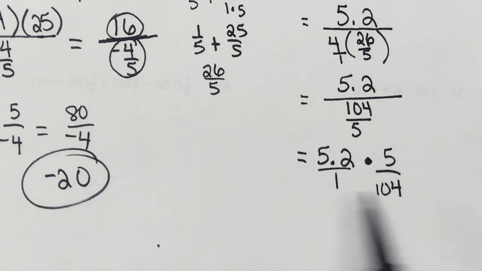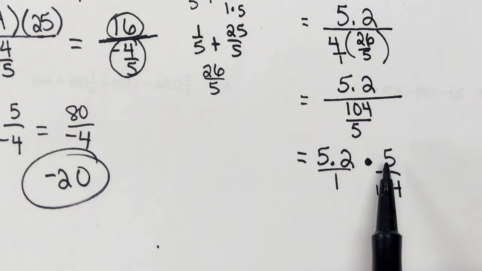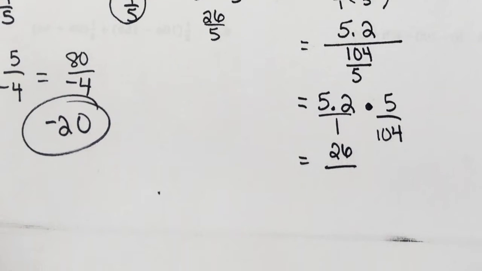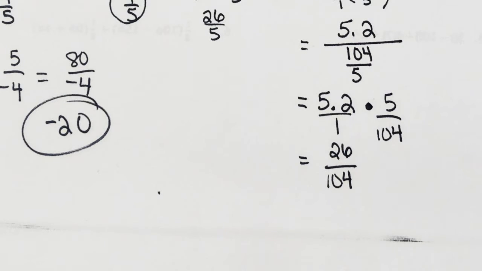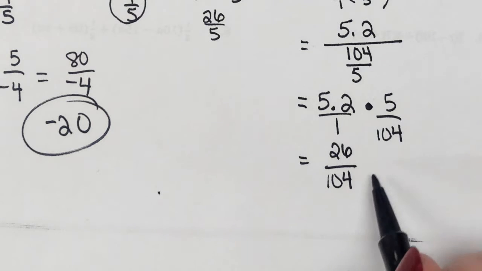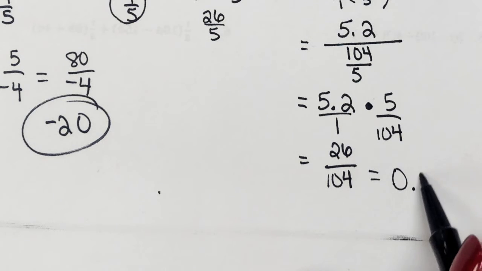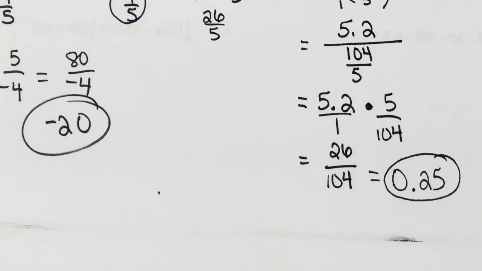Yeah, just like you always do, guys, right? Now use your calculator. 5.2 times 5, 26. Very nice. And your denominator? 104. Does that divide nice and pretty? Yes, how much do you get? Point, how much? 0.25? Oh, make sure you do the 26 first, then divide by 104. 26 divided by 104. Oh. There you go, there you go.